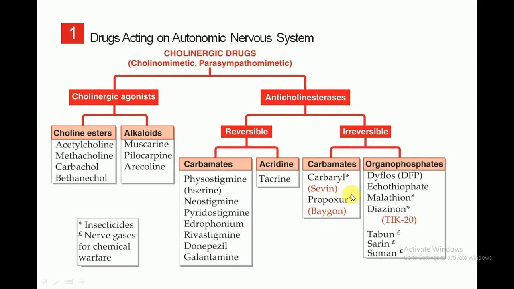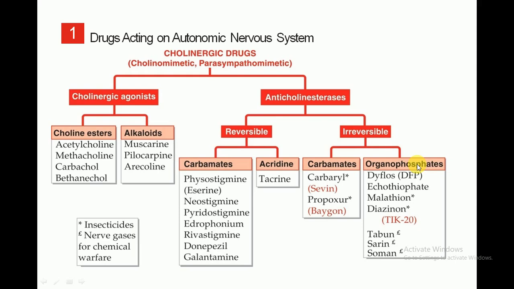The second group is organophosphates, which include diisopropyl fluorophosphate, represented by the capital symbols DFP, then echothiophate, malathion, diazinon, TEPP and so on.